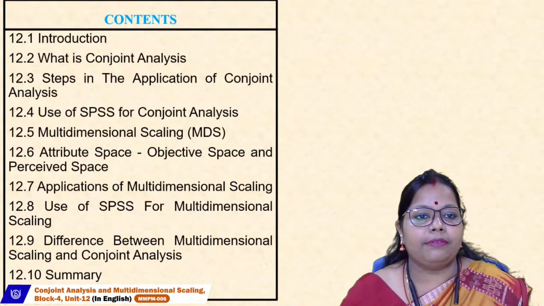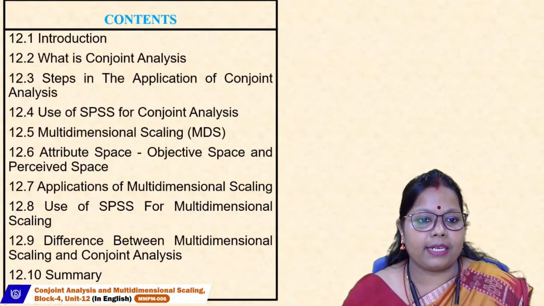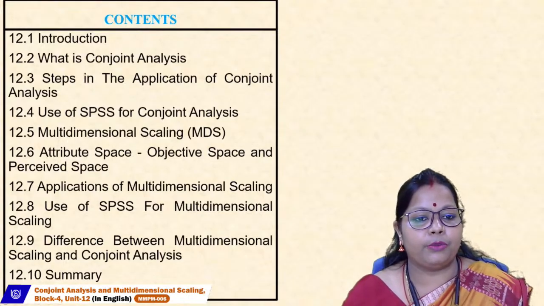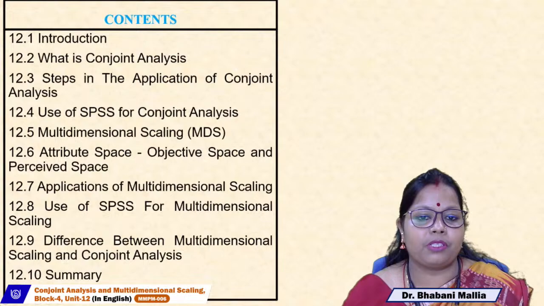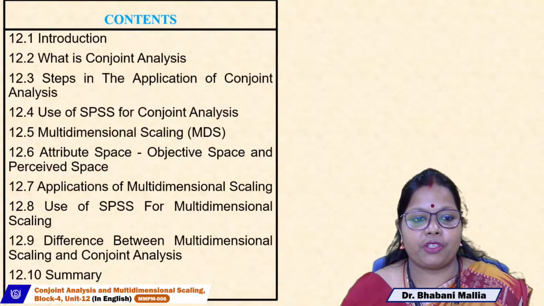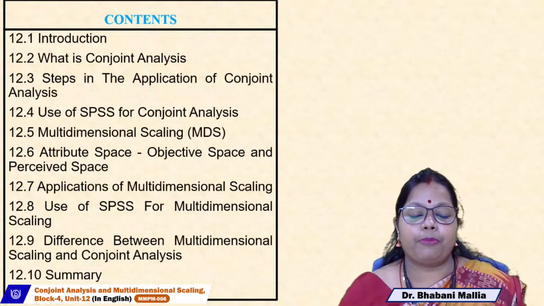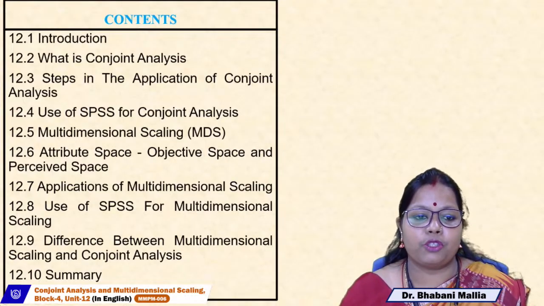The content of this unit is an introduction to conjoint analysis and multidimensional scaling, and the steps involved in conjoint analysis using SPSS. We have also demonstrated the SPSS screen, and in the fifth item we give the definition of multidimensional scaling, and how it is useful in marketing research to study the performance and preference of the consumer.